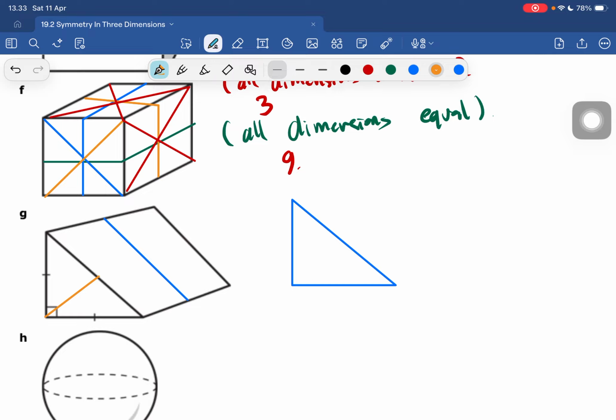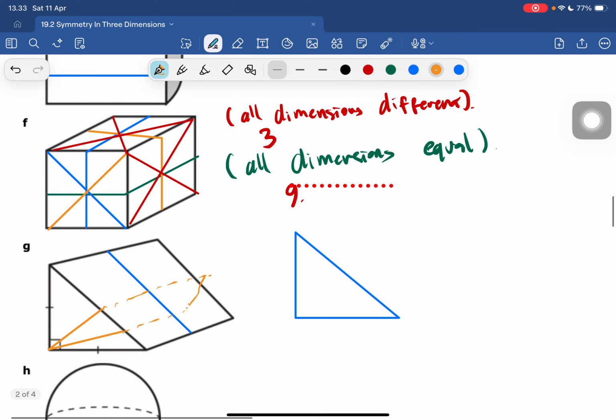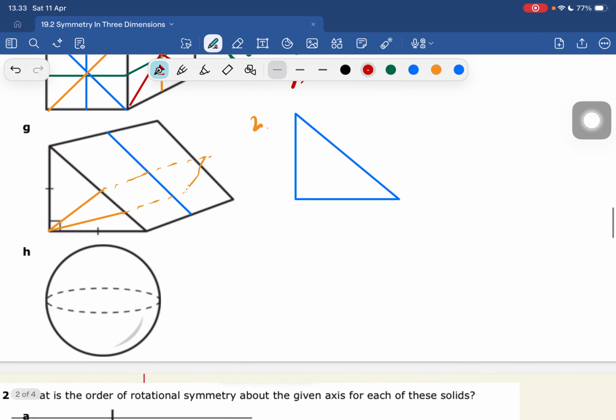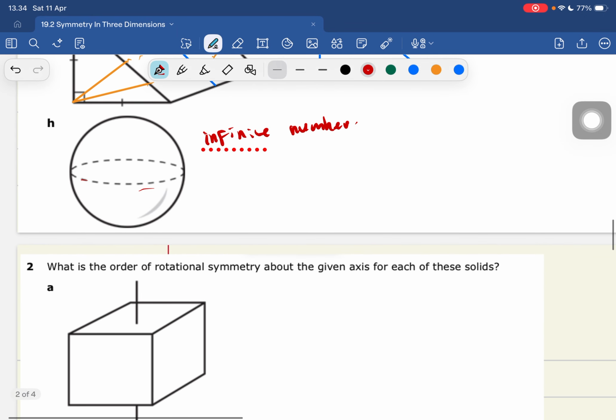It approximately looks like this, and not a circle, but a cone. Yeah, here. So we only get 2. H. Okay, this involves the circle again, so it's going to be an infinite number, because this corresponds to the number of diameters of the sphere.